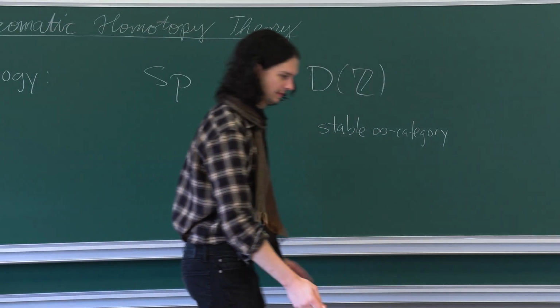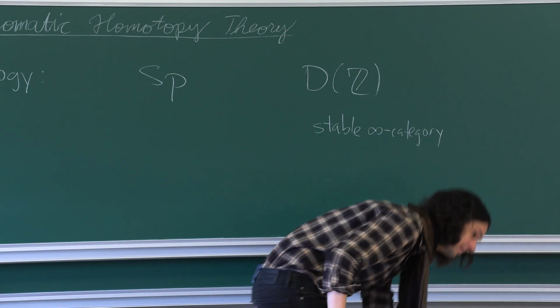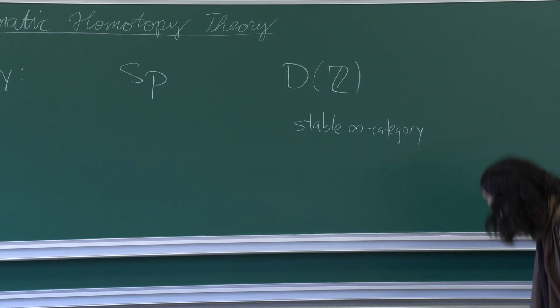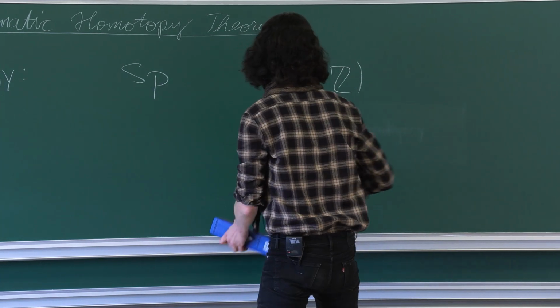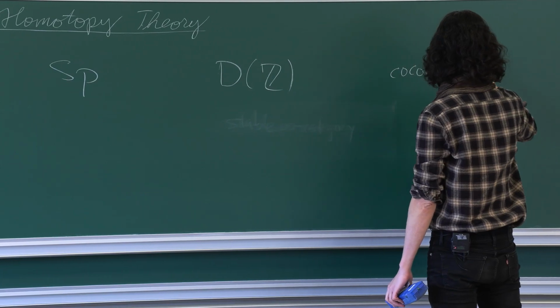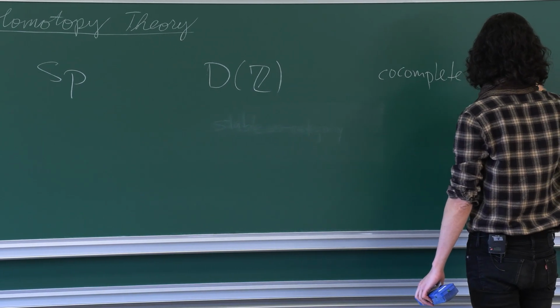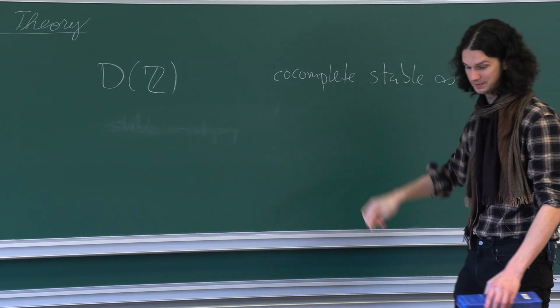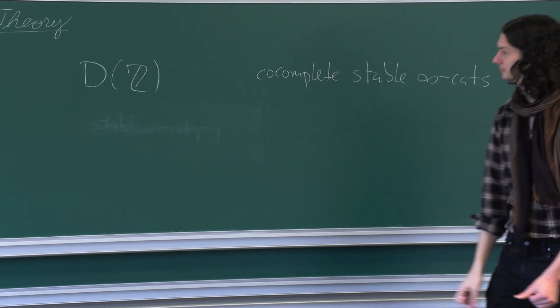So these are, maybe I should manage my board work a bit better. Where's the eraser? Yes, okay. So these are both actually co-complete stable infinity categories. Co-complete means it has all colimits.